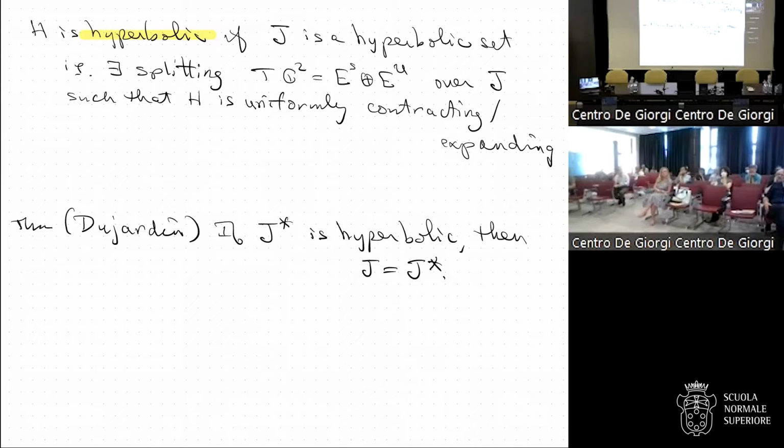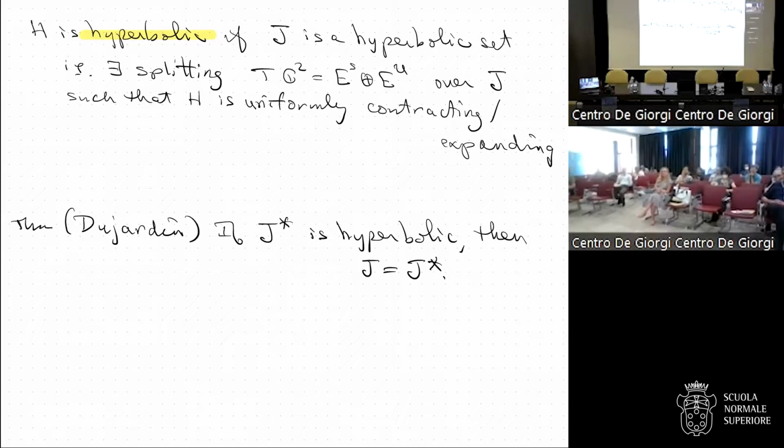That means on J, you have a splitting of the tangent space into subspaces called the stable and unstable directions. On the stable directions, your mapping is uniformly contracting. On the unstable directions, it's uniformly expanding. And not too long ago, Dujardin proved a theorem that I would propose is more non-trivial than it looks.